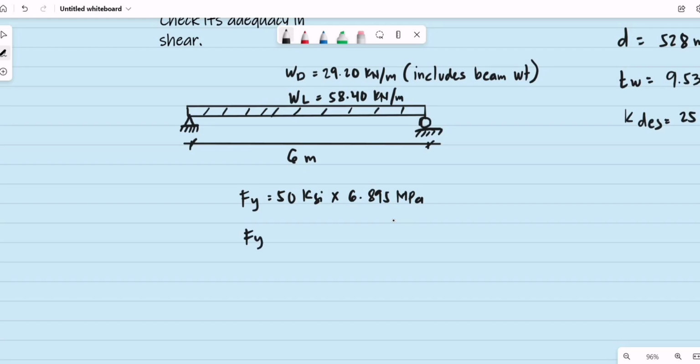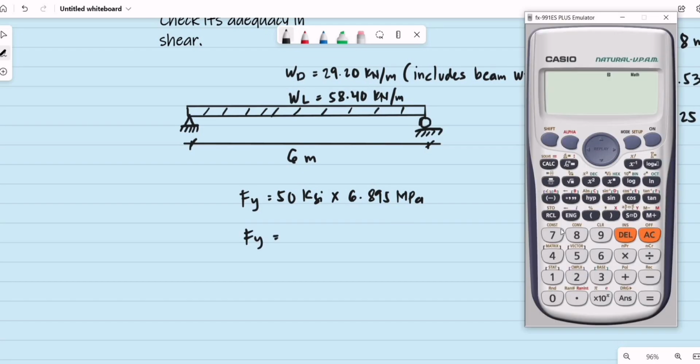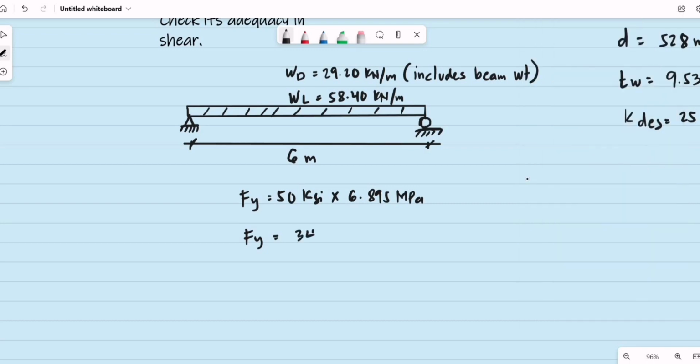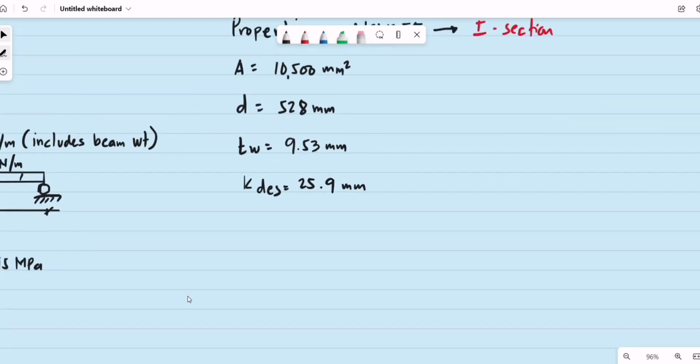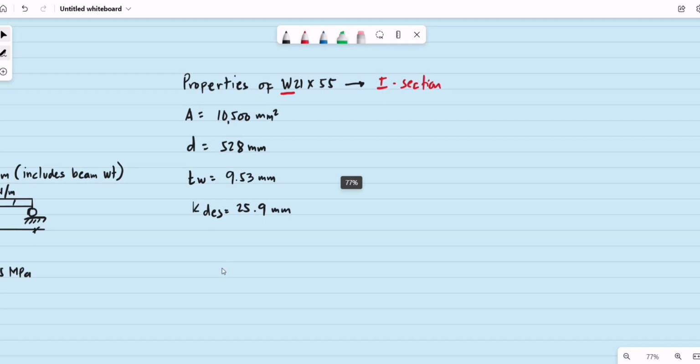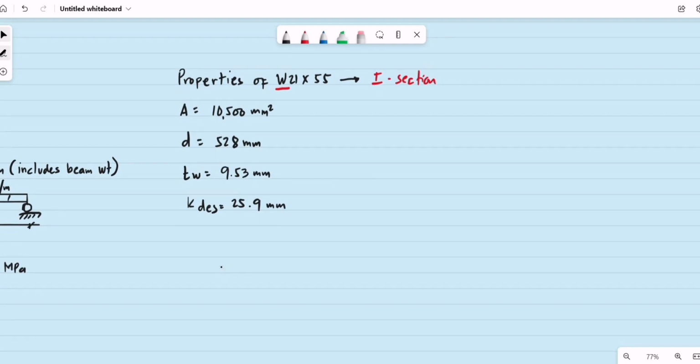So Fy is now equal to 50 multiplied by 6.895, which is 344.75, or as a whole number, let's use 345 megapascals. So these are the properties of the W21 by 55.